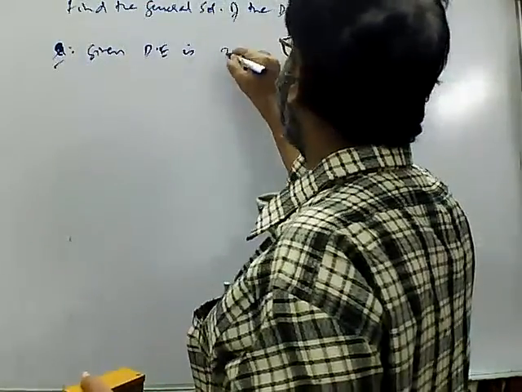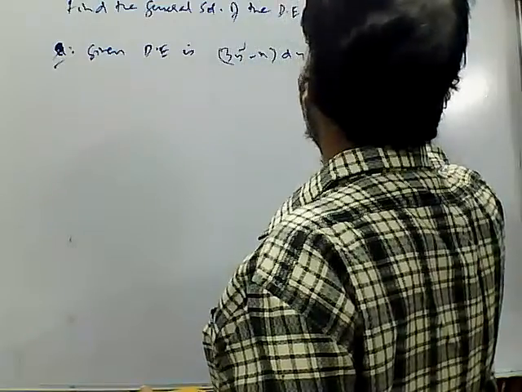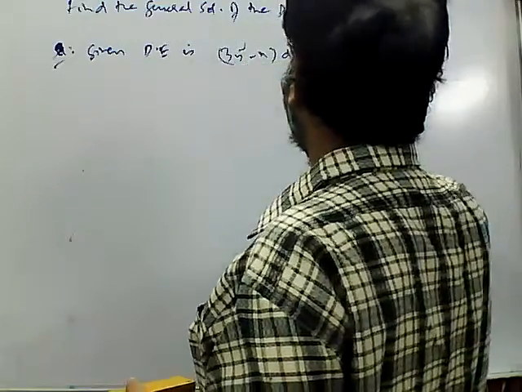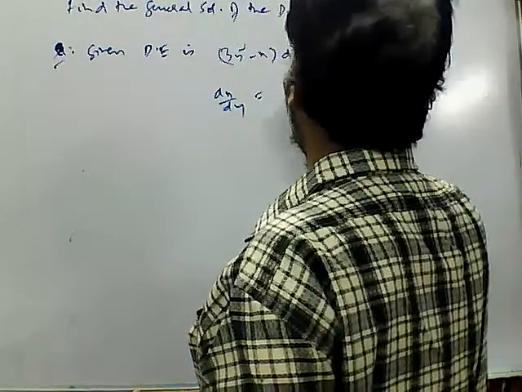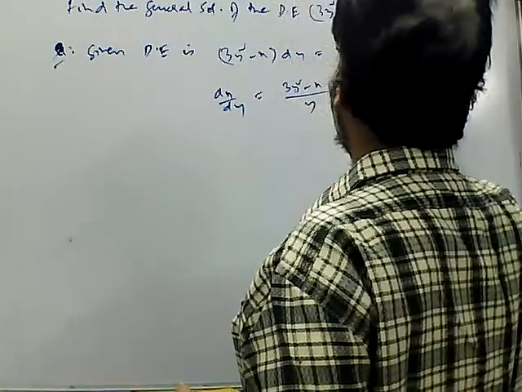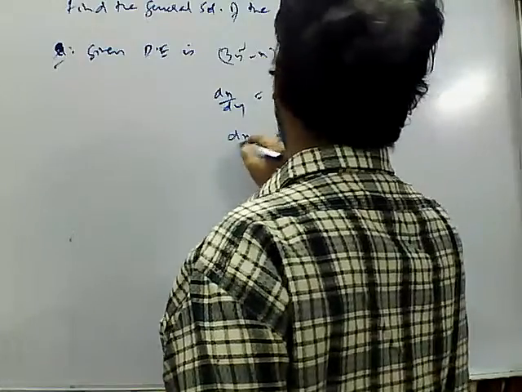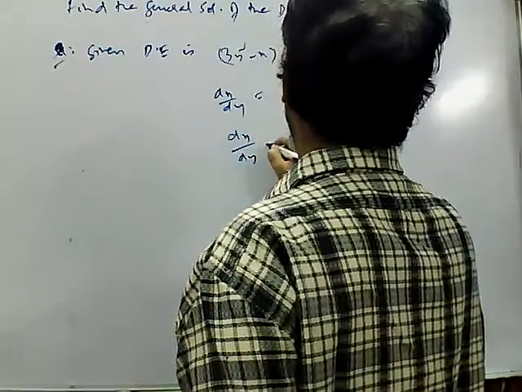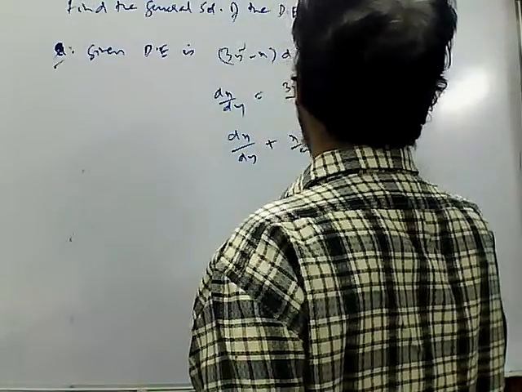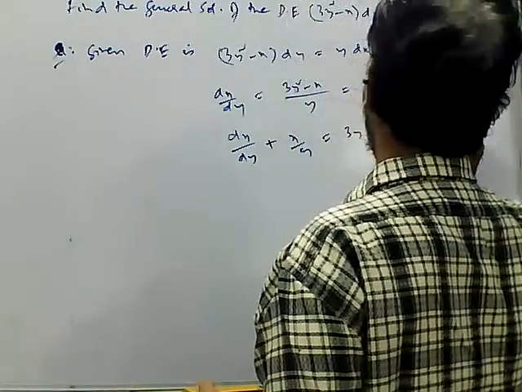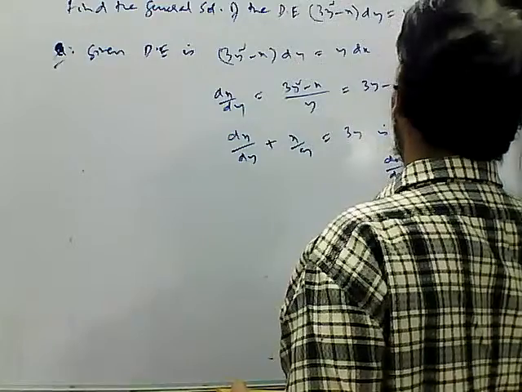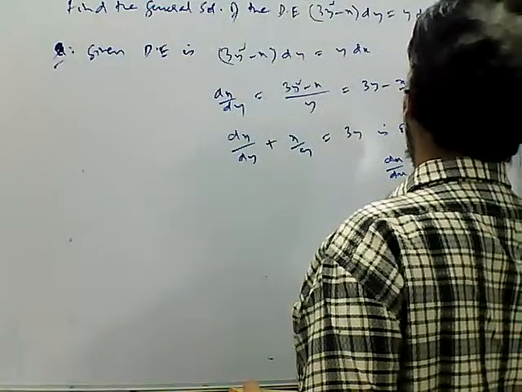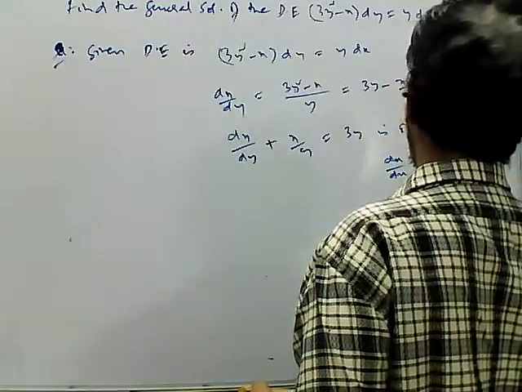So first you have to go for a suitable substitution. 3y square minus x into dy is equal to y dx. Since y is small here, you take dx by dy. dx by dy is equal to 3y square minus x by y, which is equal to 3y minus x by y. So dx by dy plus x by y is equal to 3y, which is of the form dx by dy plus Px is equal to Q, where P and Q are functions of y.